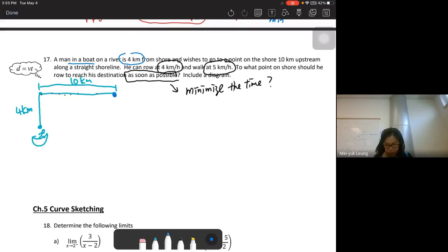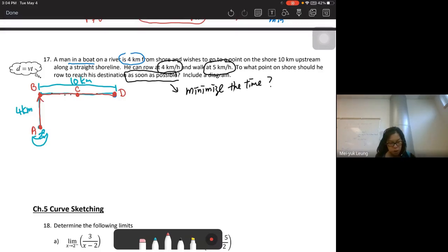So let's label the points. This is point A, this is point B, and point C could be anywhere from point B to the destination, point D. So let's make a point C somewhere in between. Think about the situation where the man can choose to row straight ahead to point B and then walk all the way to point D. That's one option.